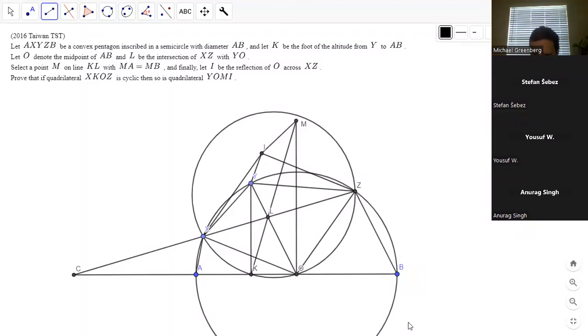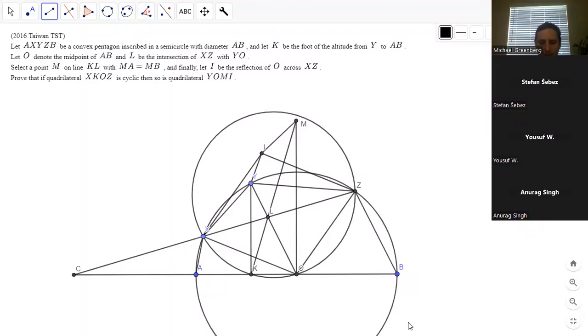Then a well-known lemma is that CK times CO is CA times CB. And you can kind of do it in reverse. It was in Evan Chen's Euclidean Geometry book.